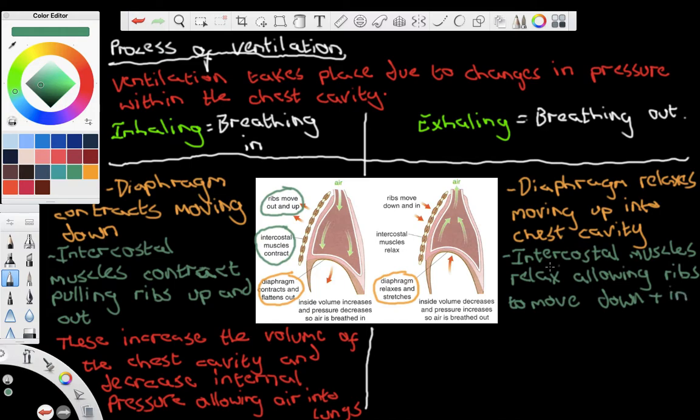So the diaphragm is relaxing and moving up into the chest cavity. The ribs are moving down and into the chest cavity. This decreases the volume of the chest and increases the pressure, forcing air out.